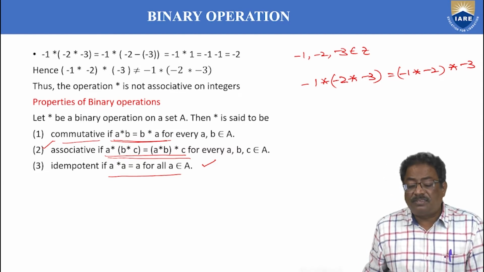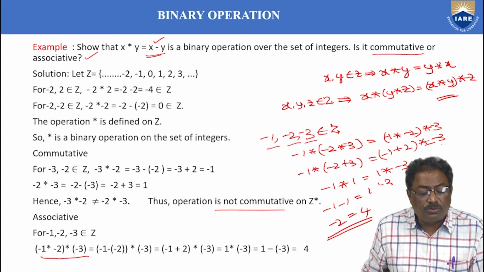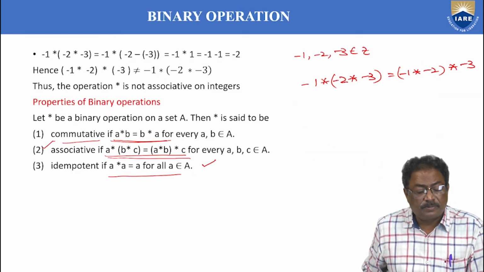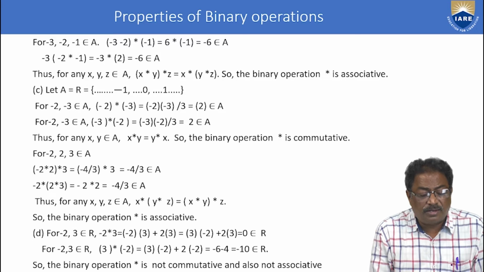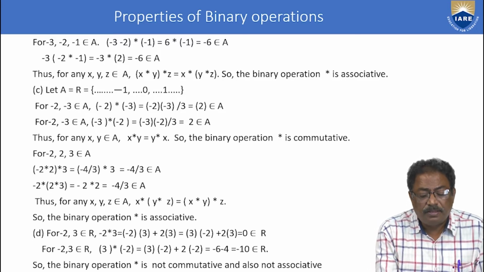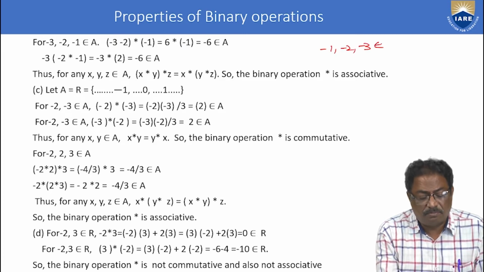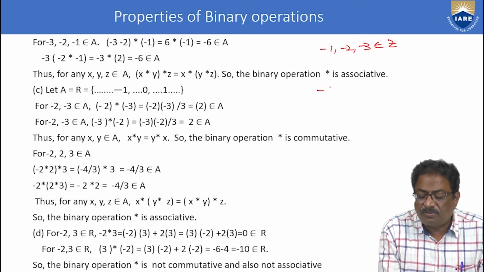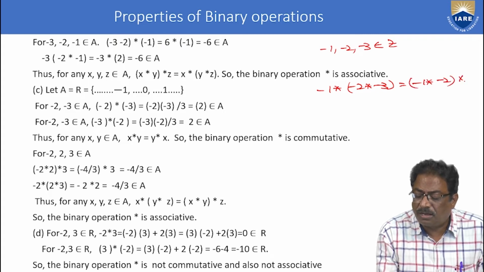So this is the product, it is given. This is xy. So here I am just taking -1, -2, -3 belonging to Z. Then -1 star -2 star -3 is equal to -1 star -2 star -3.